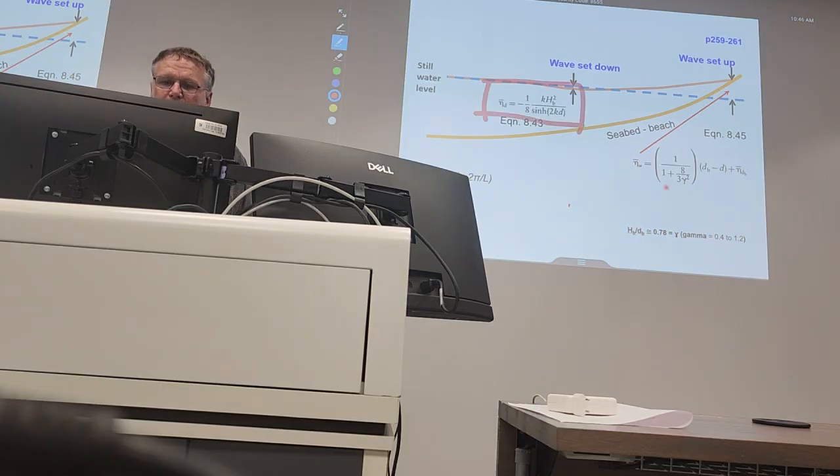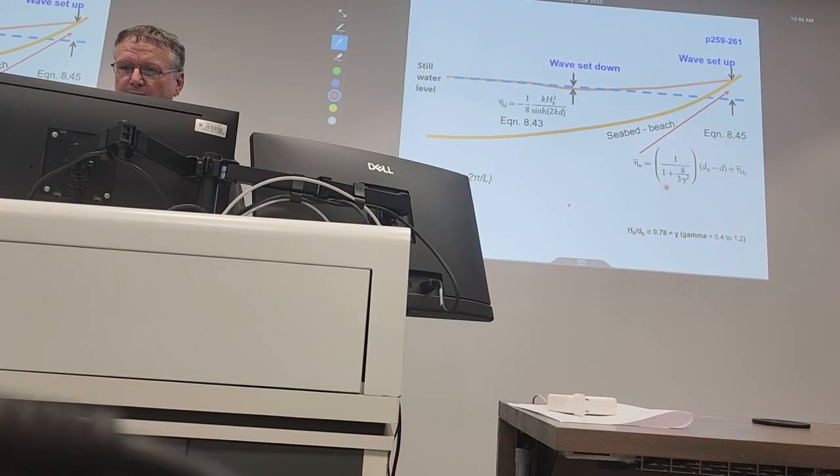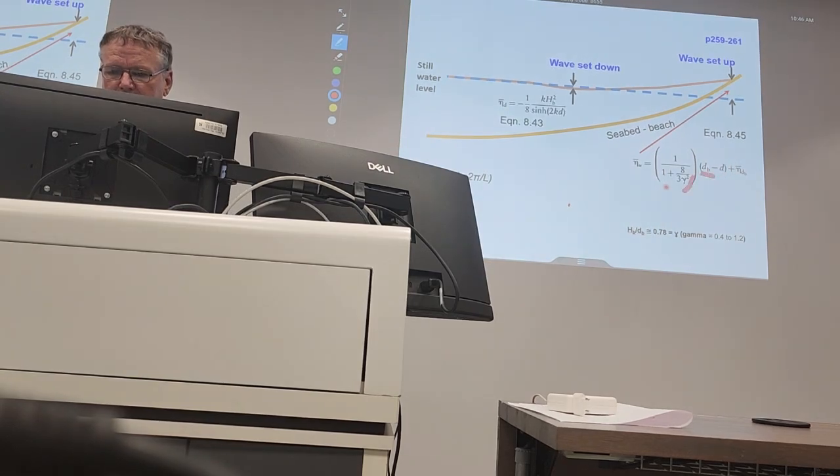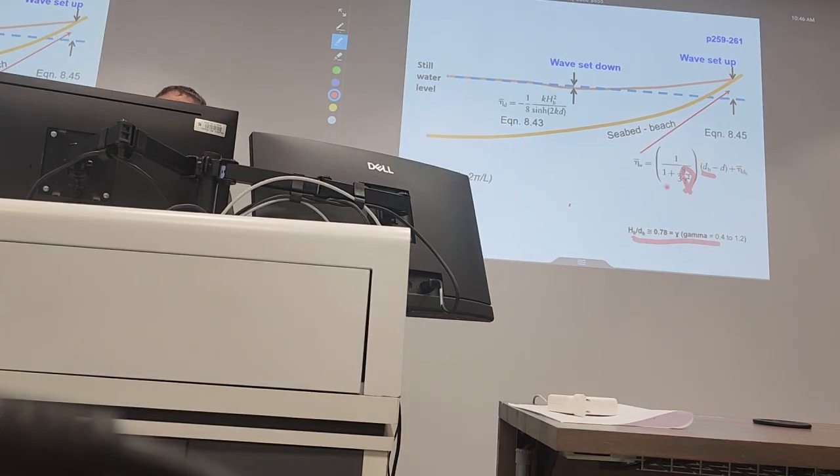This is a function of our breaking height and our K and D values, and the same applies to our wave setup. You'll see this is our depth where we're calculating it, and that is our breaking depth. Remember this gamma function is the breaking depth to height ratio that we're used to.